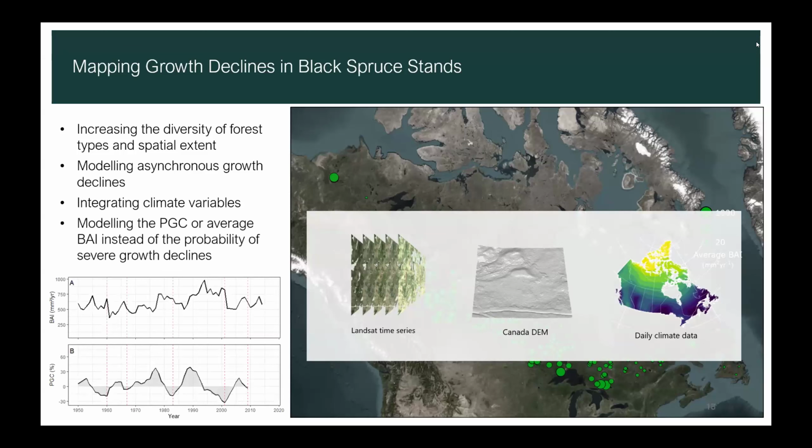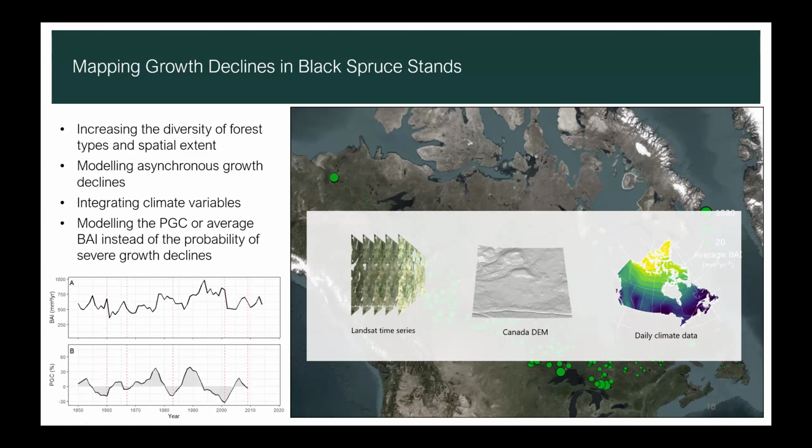And in this project, we're looking at not only predicting the probability of severe growth decline. This is the first step of the project, to identify the periods where the percent growth change exceeds a threshold, which could be considered as exceeding the natural or expected variability in growth rates over time.